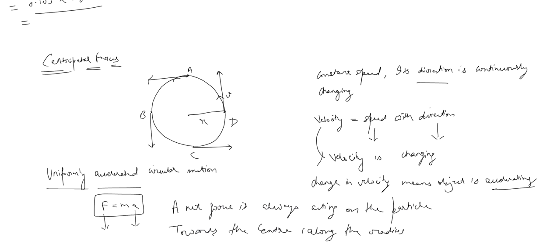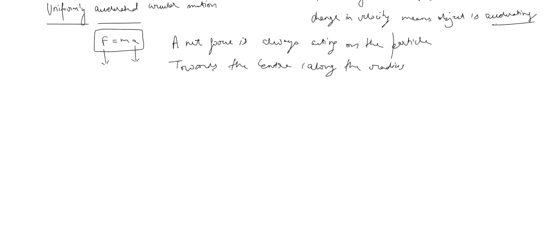So if this particle is moving in a circular motion, at this point the particle wants to move straight, but a force will act towards the center along the radius to bring it back into the circular motion. Then the particle will try to move tangentially, but that force will again act and bring the particle to the radius. Again, when the particle tries to move, the force will bring it toward the center.